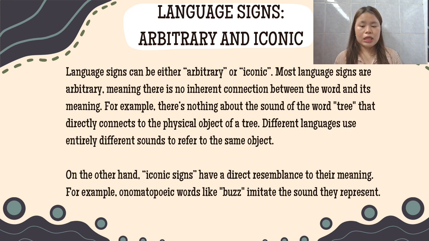For example, in English, the sound of a rooster is written as cock-a-doodle-doo, while in other languages it might be written differently. But all these variations are attempts to mimic the actual sound the rooster makes.